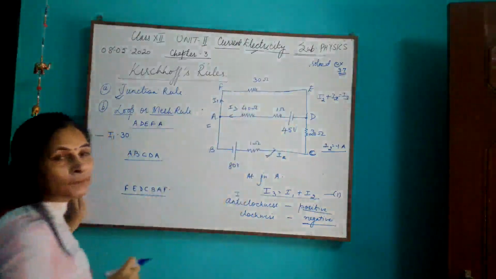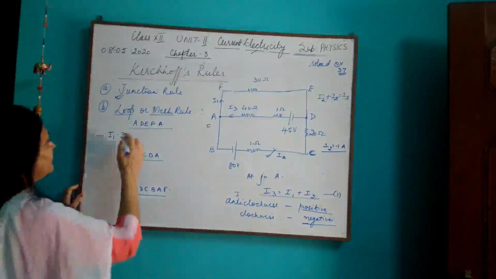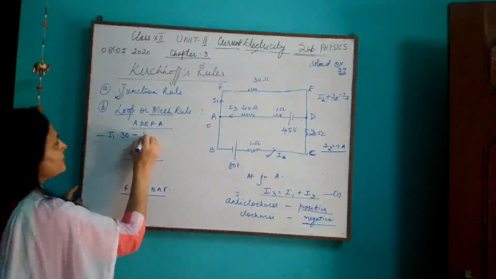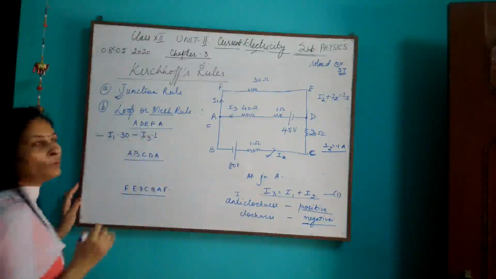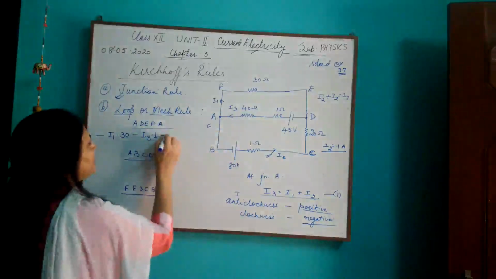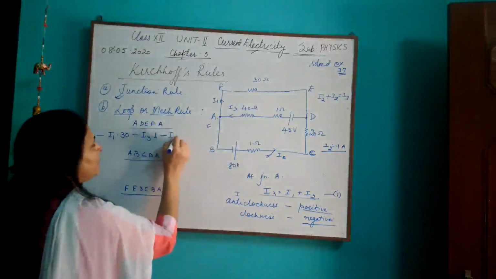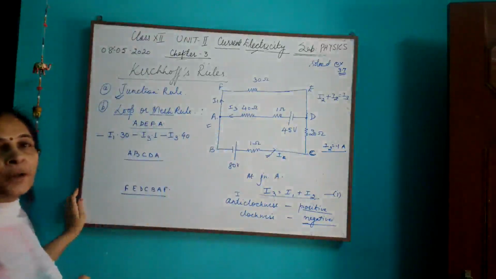Again clockwise. Clockwise is negative. Minus I3 into 1. Minus I3 into 40.